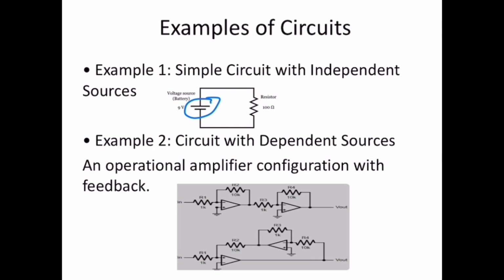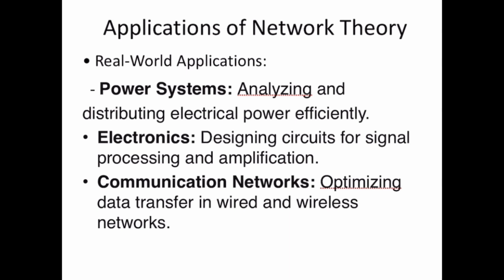When we analyze the internal circuitry of an op-amp or a BJT, we will definitely come across dependent sources. Next, we have applications of network theory. A real world application is analyzing and distributing electrical power efficiently. In electronics, it is designing circuits for signal processing and amplification. And in communication networks, it is optimizing data transfer in wired and wireless networks.